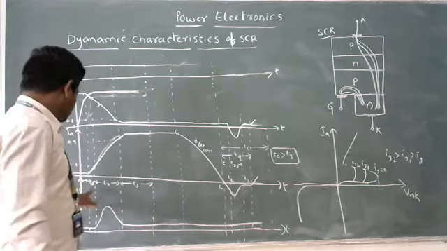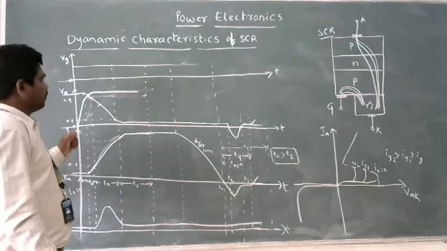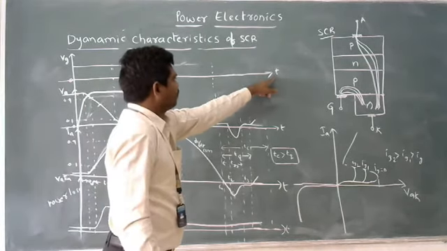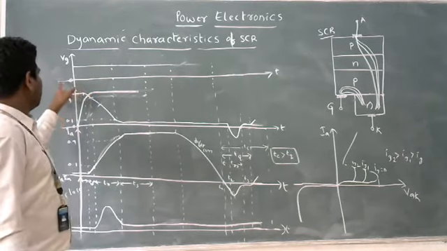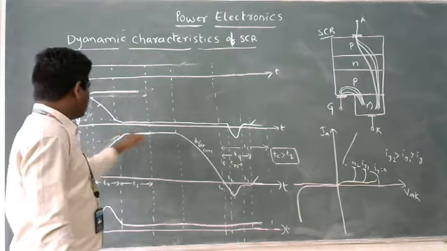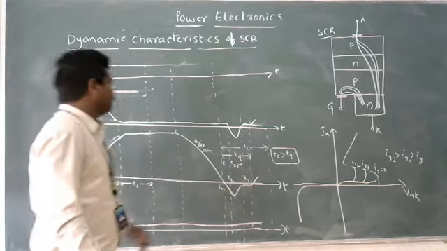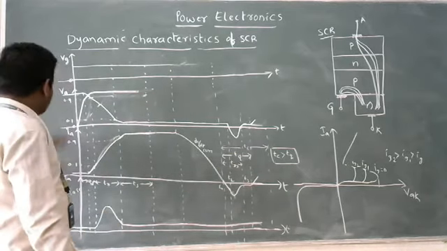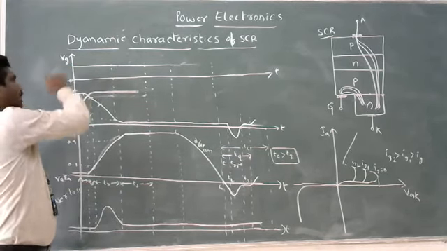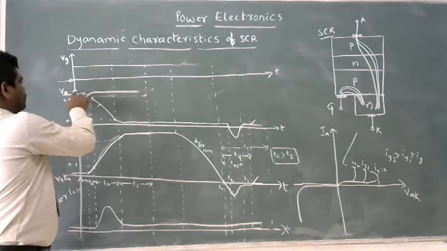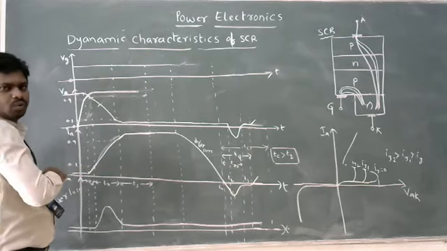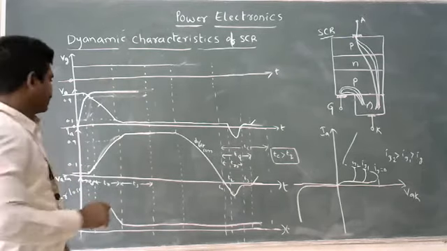Look at these characteristics, and this x-axis is time. Look at it very carefully. X-axis is time in seconds, all are in time. When we go to the y-axis, the first one is gate voltage. The second one is voltage applied across anode and cathode.